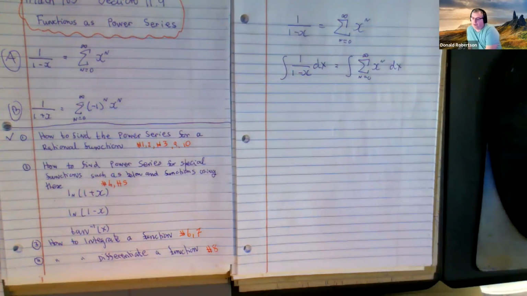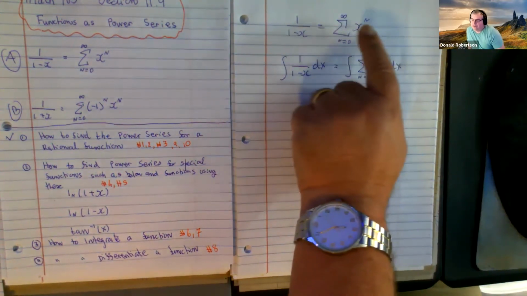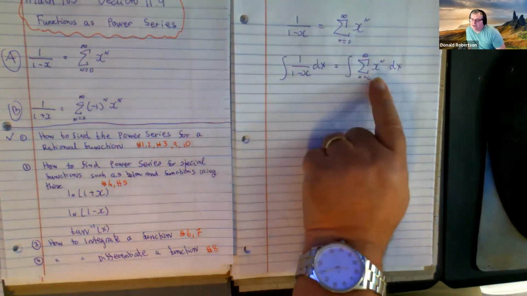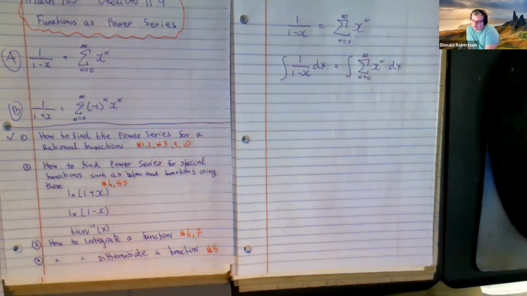Does that seem reasonable? If a function is equal to its power series, then shouldn't the integral of that function be the same thing as the integral of its power series, right?